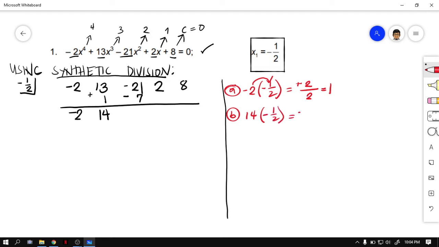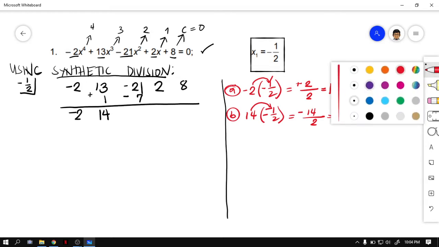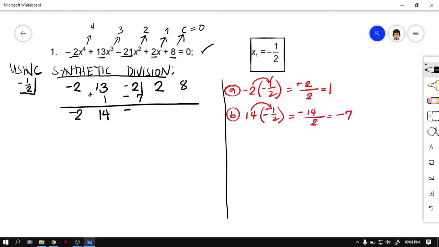Positive times negative is negative. 14 times 1 is 14, and then copy the denominator. And 14 divided by 2 is 7. Okay? We have negative and negative, so kailangan natin silang i-add, pero dapat ang kanilang sign ay negative pa rin. So 21 plus 7 is 28.